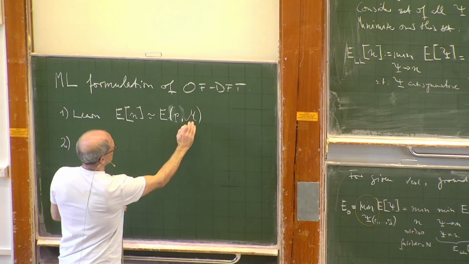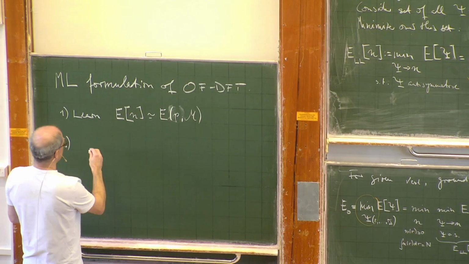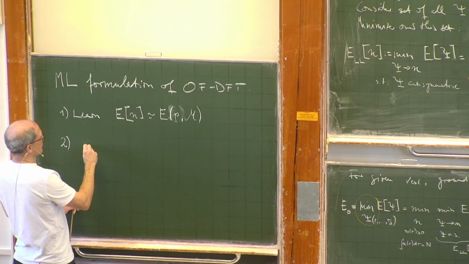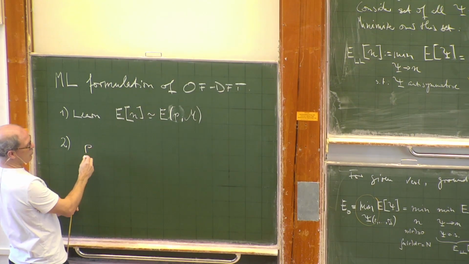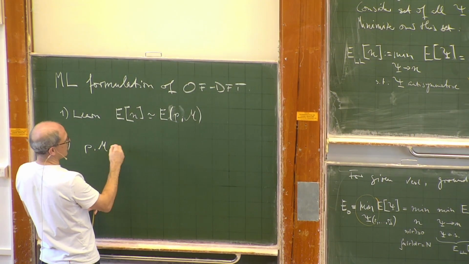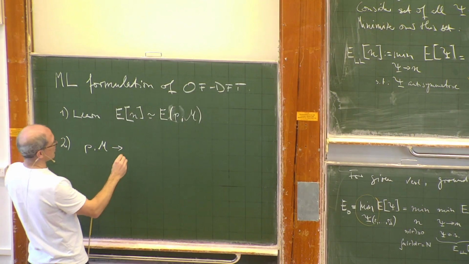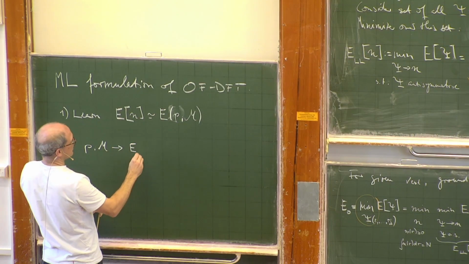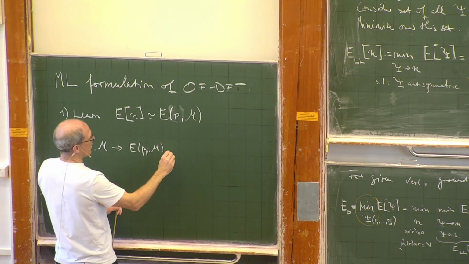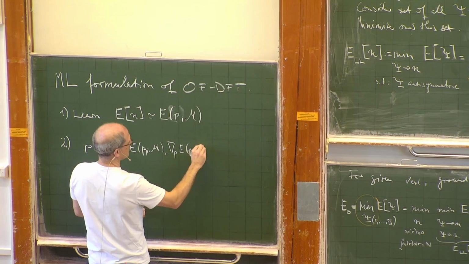And here I'm including all this in this letter M. And at test time, the idea is to then use some trial coefficients along with the information about where the basis functions sit and so on, and to put that in the machine learning model and to get out the energy associated with those coefficients and the gradient of the energy associated with those coefficients.